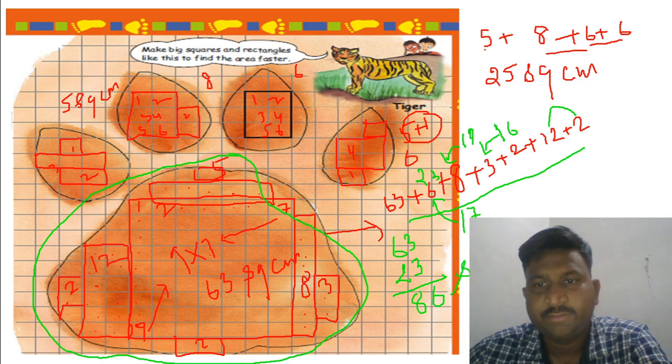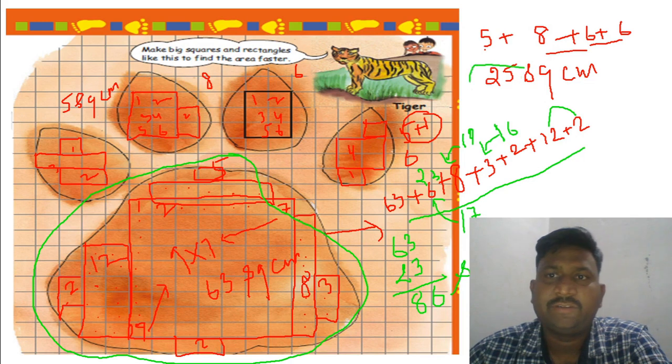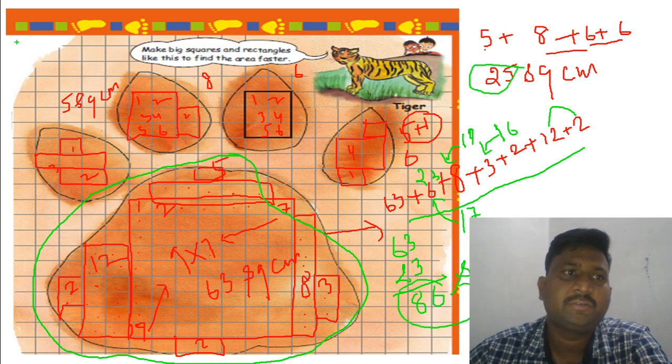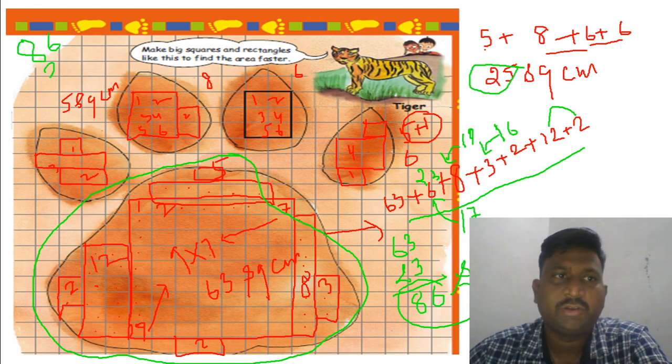Square centimeter, and it is 25 square centimeter. This is 86, means total is equal to 86 plus 25. 6 and 5, 11, 1, 8 and 2, 10, and 1, 11.